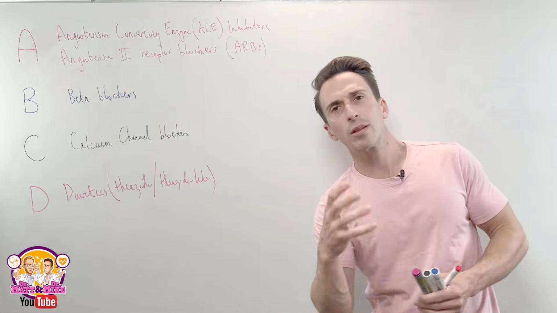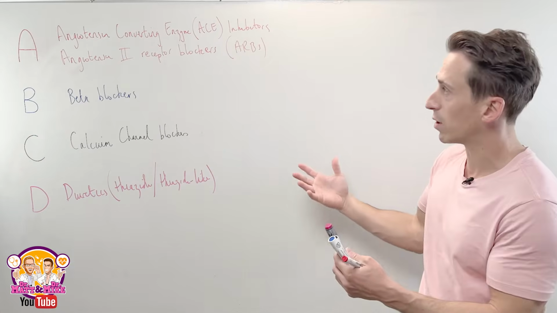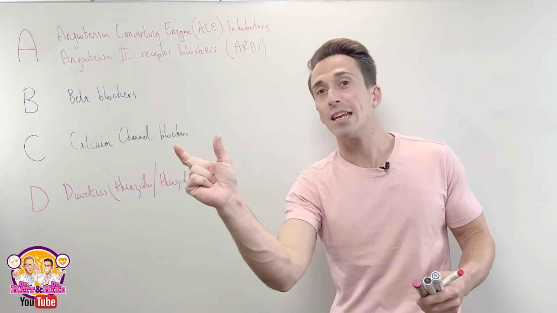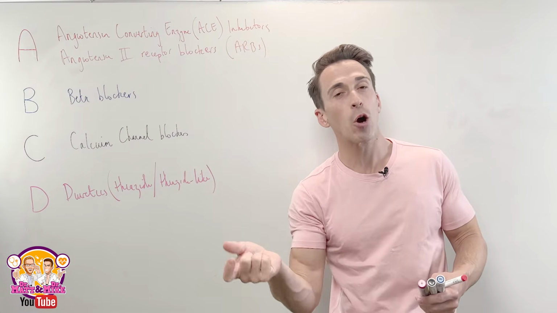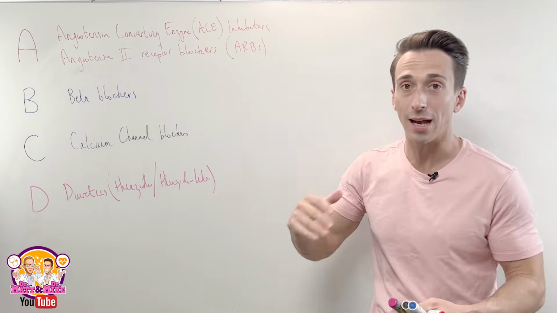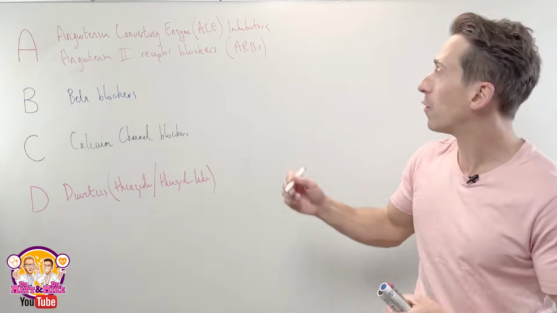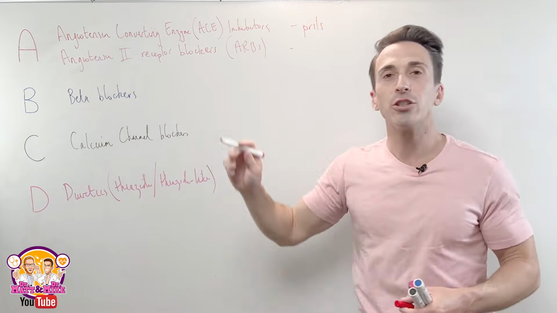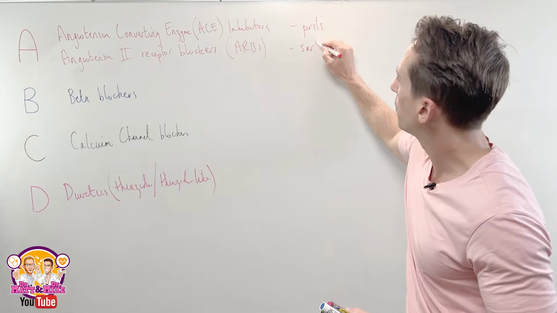Now, when you have a look at these particular classes of drugs or drug therapies, often the suffix, the very end of the drug, has a particular word associated with it, which can help you remember each class. So for example, when we look at the ACE inhibitors, they're often termed the prils. The angiotensin II receptor blockers are often called the sartans.